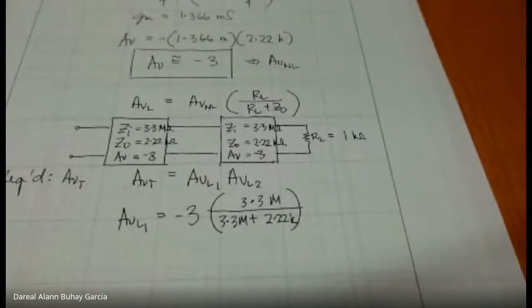I think negative 3 ra gyapon, no? Di mas mag-matter ang 2.2 kilo sa 3.3 mega. 2.99.